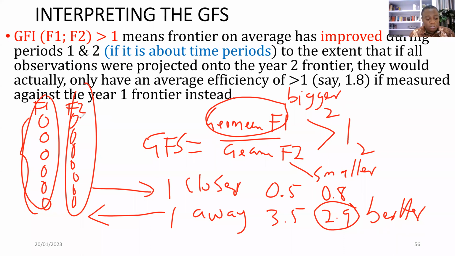Well, let me do one. I wanted a value where I'll get a simpler number. You have 0.47.